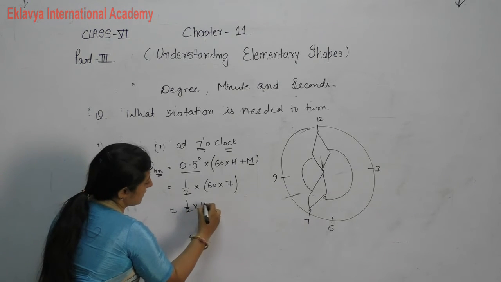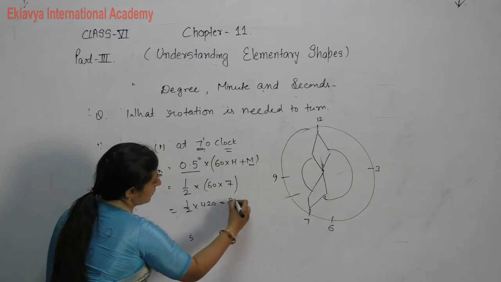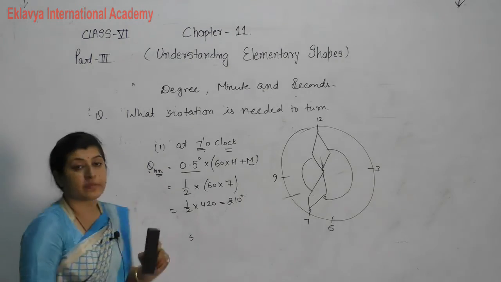Half into 6, 7s are 420, is equal to 210 degree.